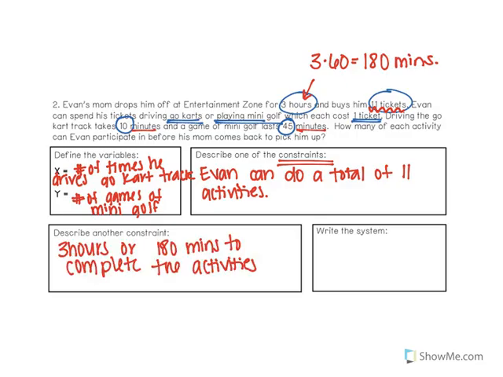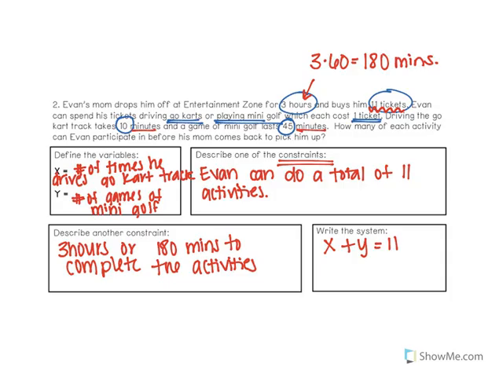Now what we're going to do is write the system of equations. We're going to start with the number of tickets. Since each activity is only 1 ticket, we know that the number of times that he rides the go-karts plus the number of mini golf games that he plays has to equal a total of 11 tickets. Then we look at our time.